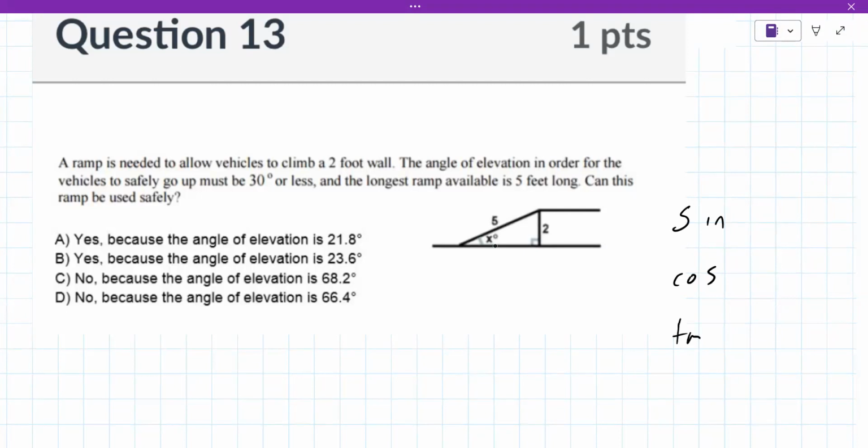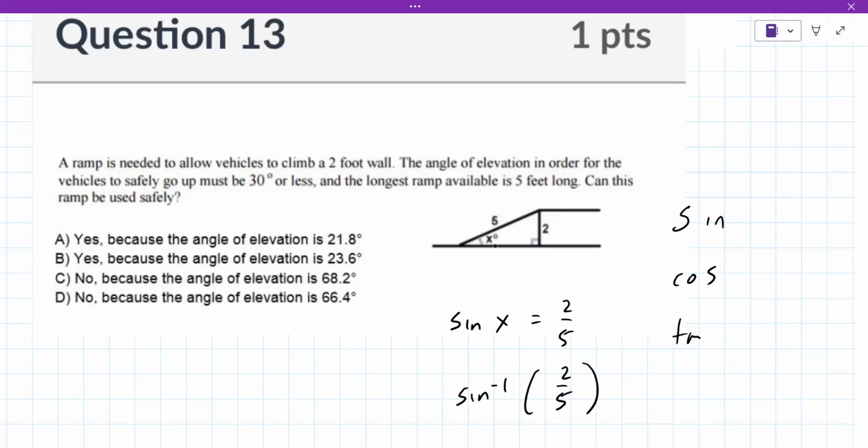Sine. Okay, so I agree. So it's the sine of x equals 2 over 5. So how do you undo sine? Negative sine? Sine inverse or arc sine. The words matter. When you say negative sine, that means something totally different in math. Oh, okay. Arc sine, is that what it's called? Yeah, arc sine's a good one. Sine inverse.